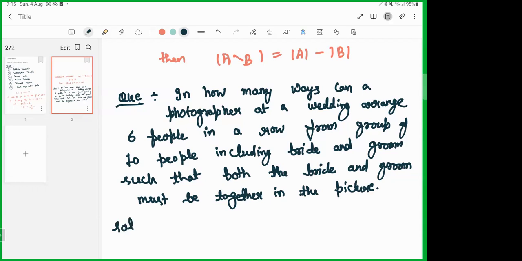Yes, so this is the problem. Think about this and tell me how to approach it.